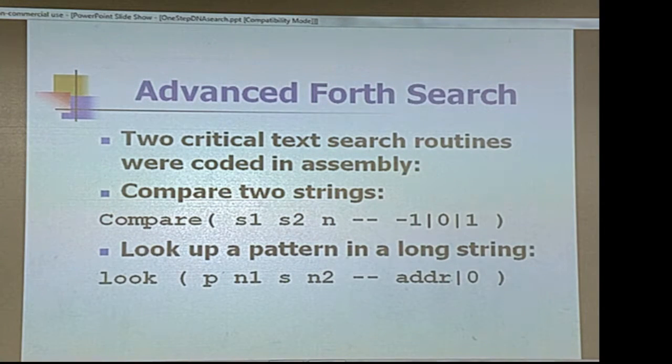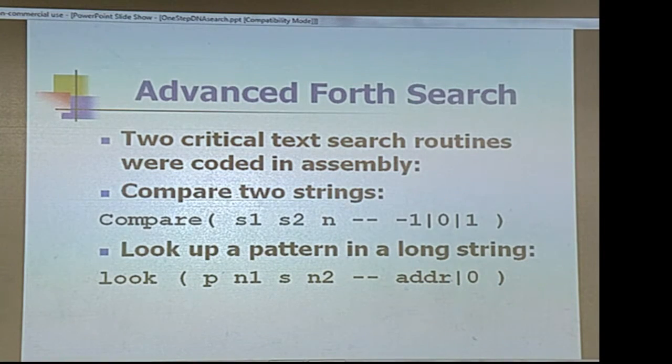So the Forth search, I have worked on it for a year now, right? I try to do the best I can, and two of the most critical routines are the compare, which compares two strings.